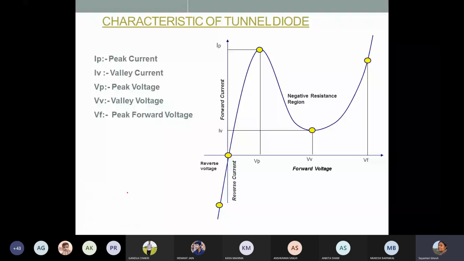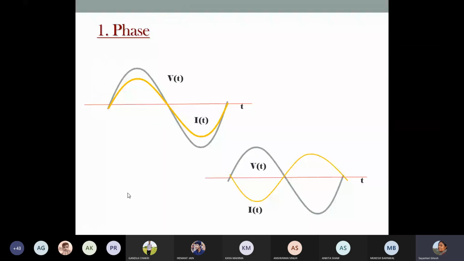In that video, we talked about the physical meaning of negative resistance, and what kind of phenomena can occur if a material has a negative resistance. The first thing I pointed out was about phase: negative resistance can simply mean that your I and V are out of phase, with a 180-degree phase lag.